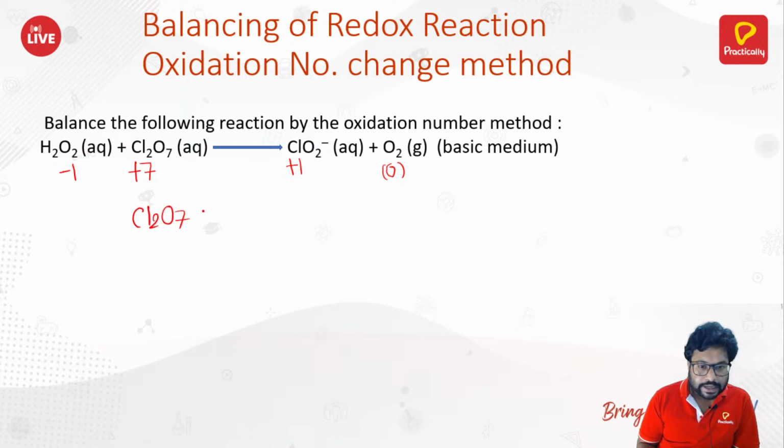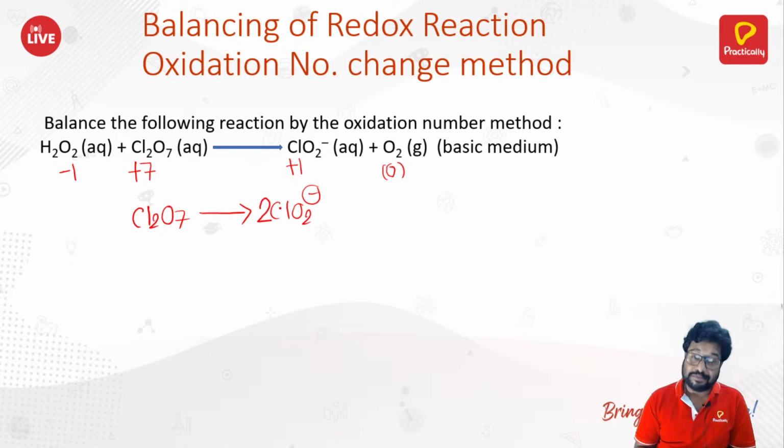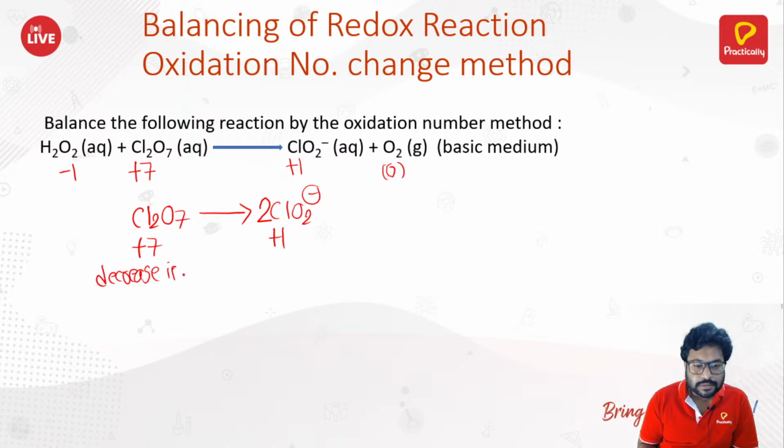Cl2O7 is giving me ClO2 -. Now there are 2 chlorine on the left, so you should add 2 here to make the chlorine balanced. So each chlorine is going from +7 to +1. Therefore, decrease in OS is equal to 6 per atom, right?